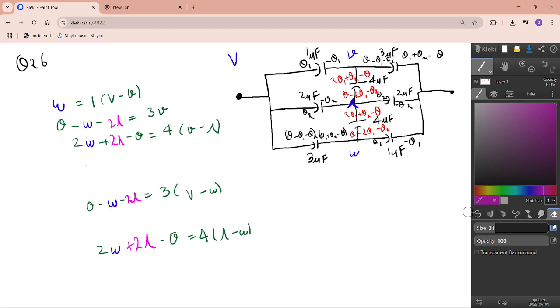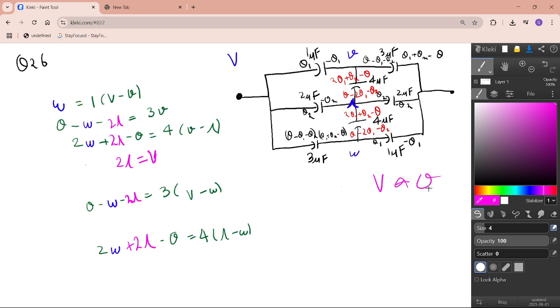Now why are we solving these equations? The simple fact is we want to find a relation between V and Q, because we have to find the equivalent capacitance, which is charge Q upon potential difference.